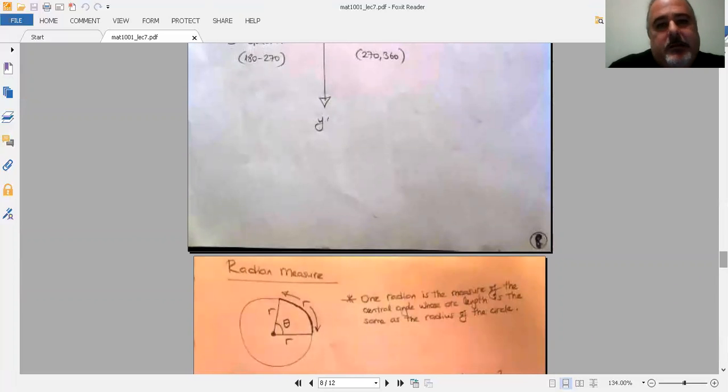The other thing is radian measure. As you see, this is a circle. This is the center of the circle, and this is the radius, and this one is also a radius.